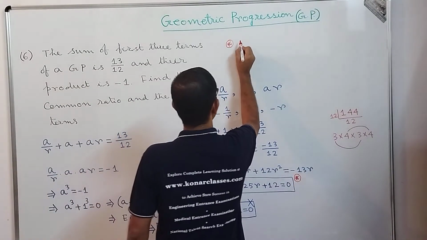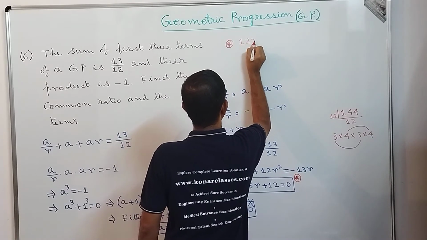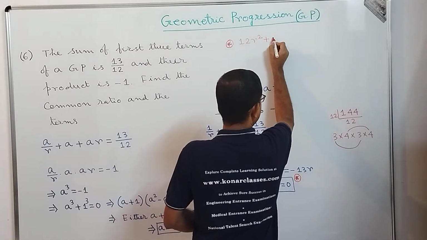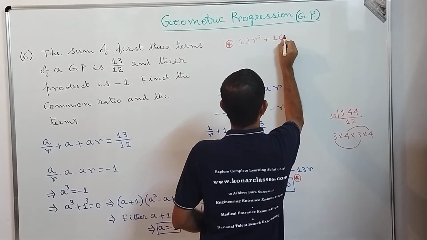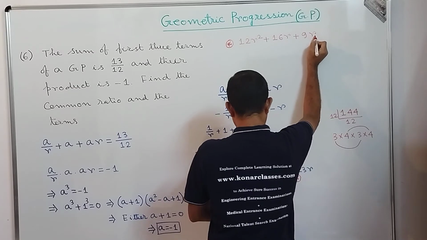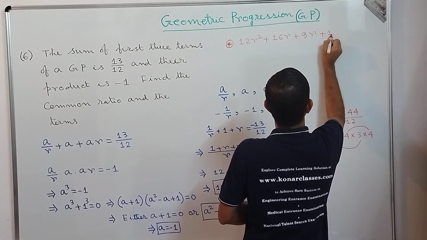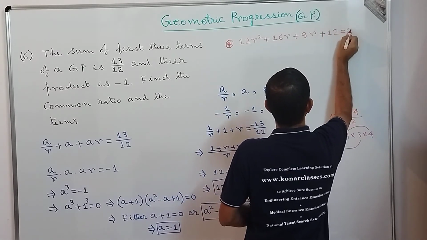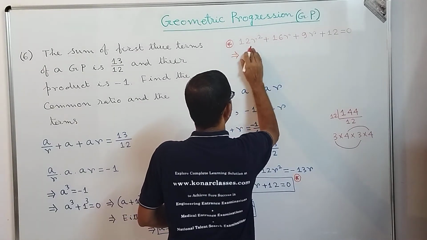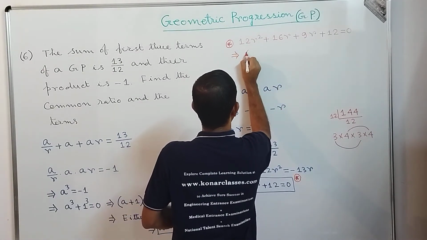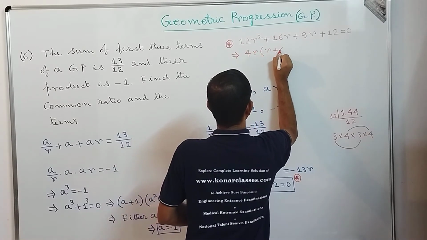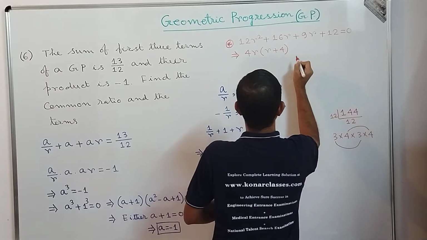So what can we write? 12r square plus 16r plus 9r plus 12 is equal to 0. So from the first two terms we can take 4r common, then we get r plus 4... rather 3r plus 4.